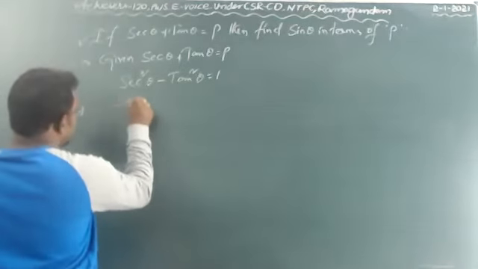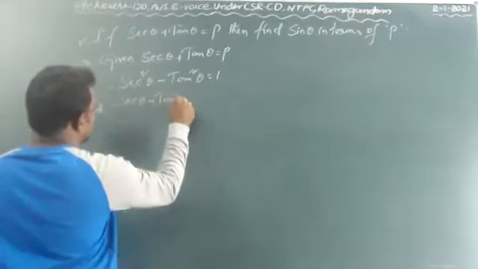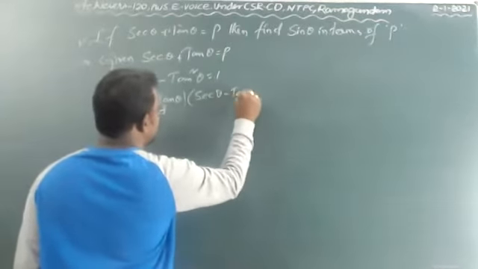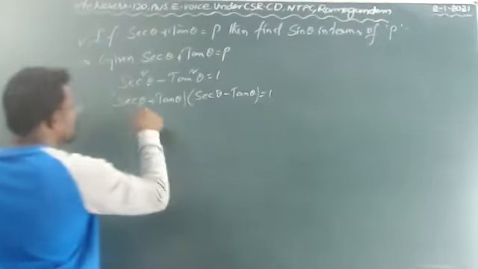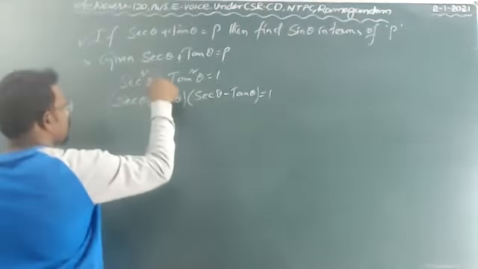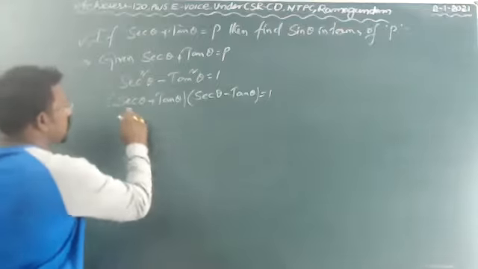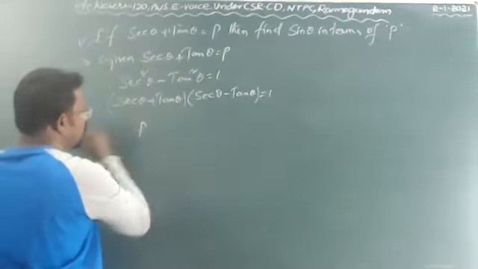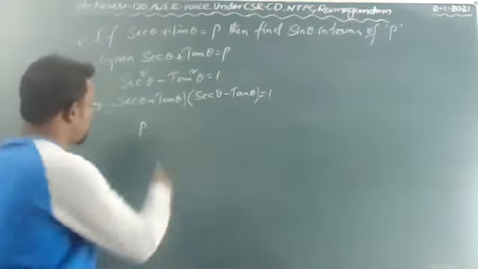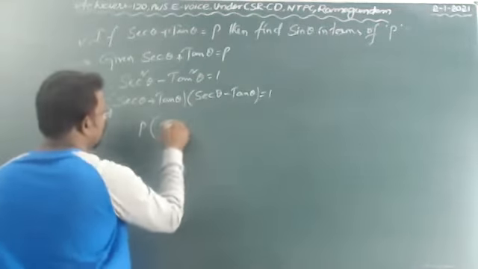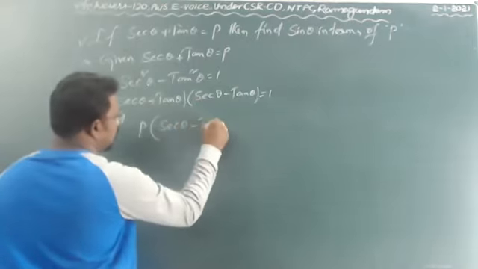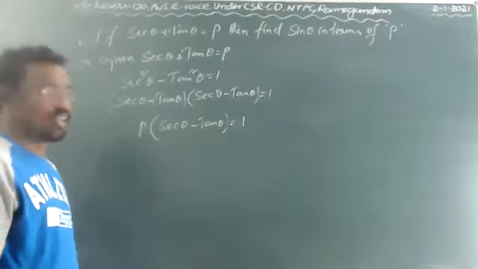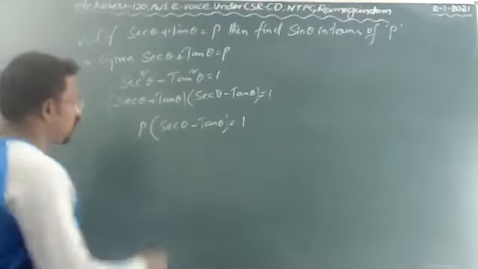A plus b into a minus b is a square minus b square. Already we know secant theta plus tan theta is given as P. So P into secant theta minus tan theta is equal to 1.